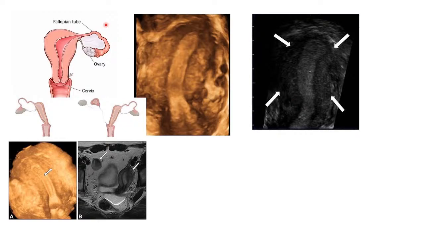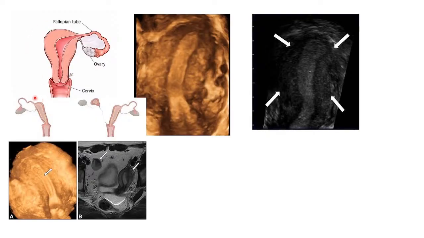So here are images which show how a unicornuate uterus appears. You see here we have a fallopian tube there, and there's no fallopian tube on the other side. It's only this one that is developed, and you can see there is one ovary on that side and the cervix here. On this side there's nothing.